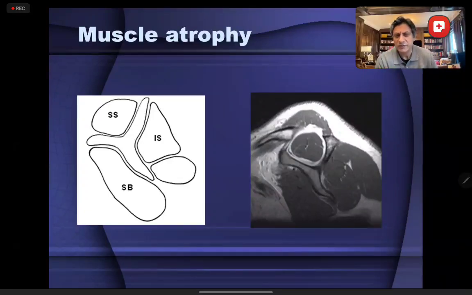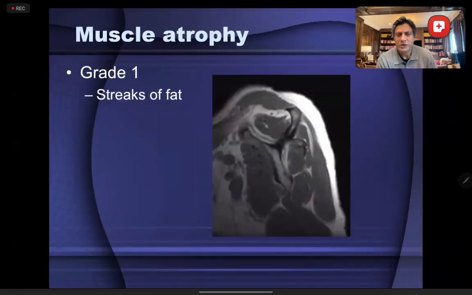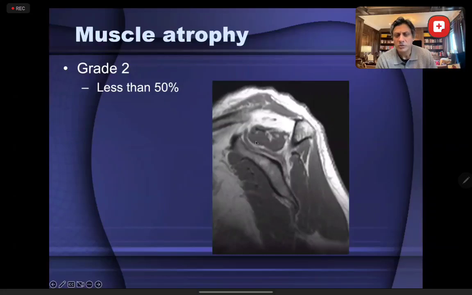Okay, so this is the classification I was telling you about, the muscle atrophy. So this is the sagittal view of the MR scan. So if you draw a line, more than 1/3 is above, that's normal. When you start getting streaks of fat within the muscle, you call it grade 1. When it's less than 50%, in other words, if you draw a line, still some part of it is above it, but the supraspinatus fossa itself, most of it is muscle, less is fat, you call it grade 2.